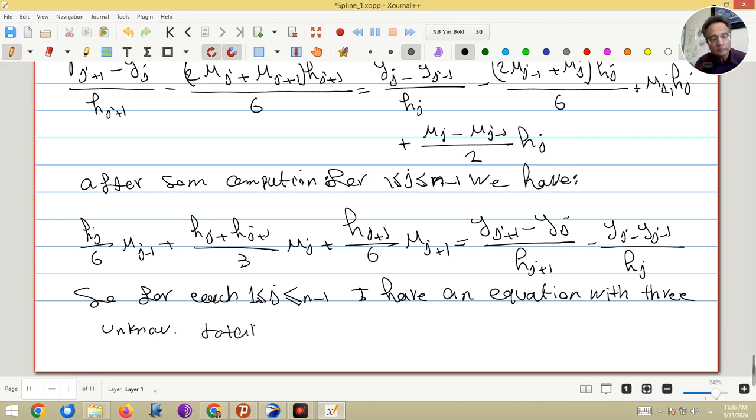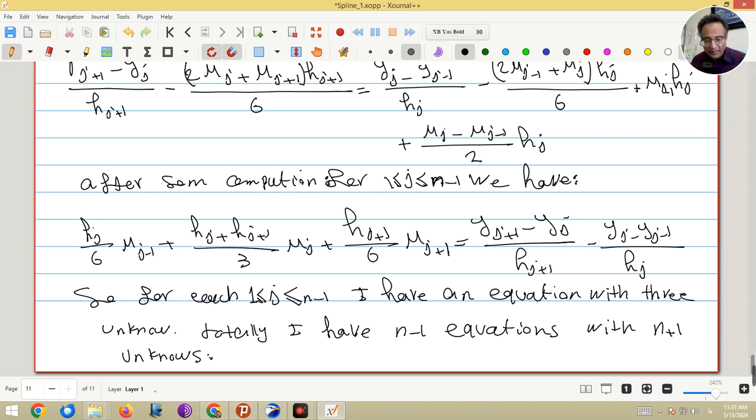Totally, I have n minus 1 equations with n plus 1 unknowns. Okay? So I have a system with n minus 1 equations and n plus 1 unknowns. So I need 2 more equations.